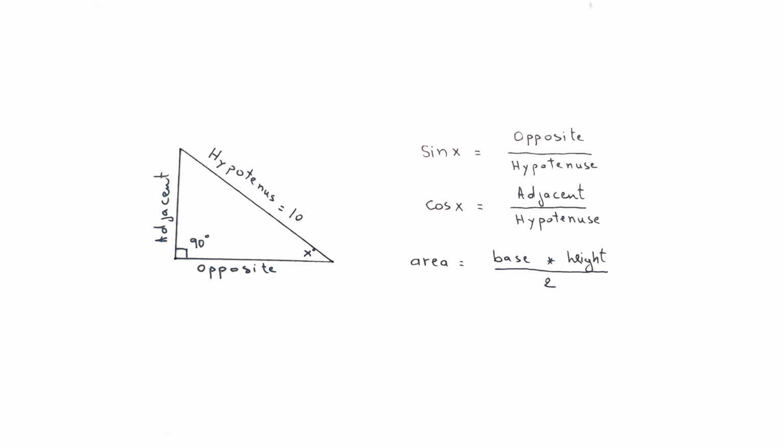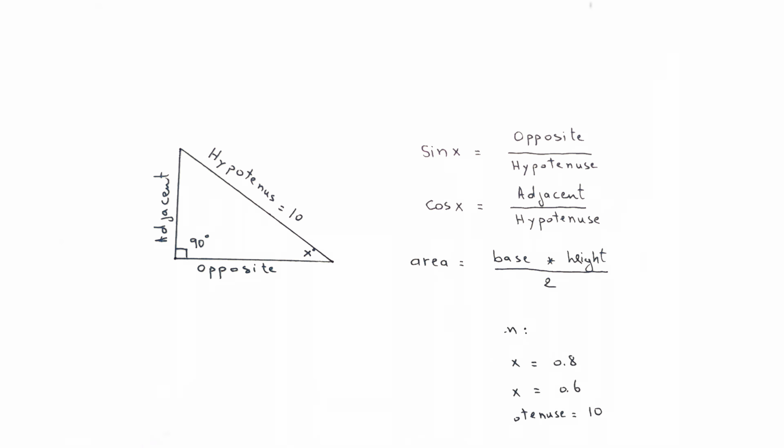The cosine is the adjacent divided by the hypotenuse. The area is the base times height divided by 2, as shown in this triangle.